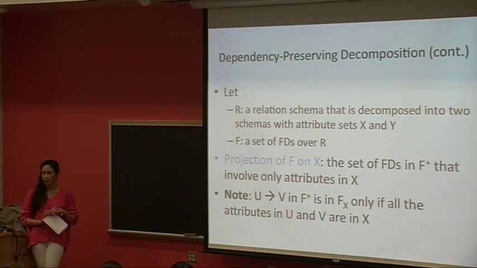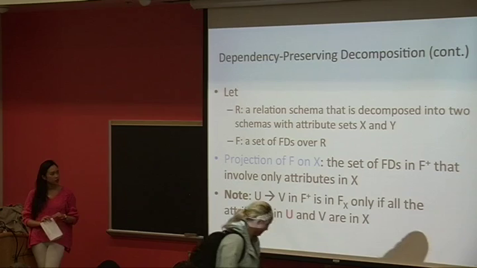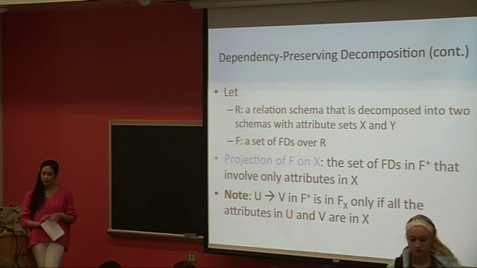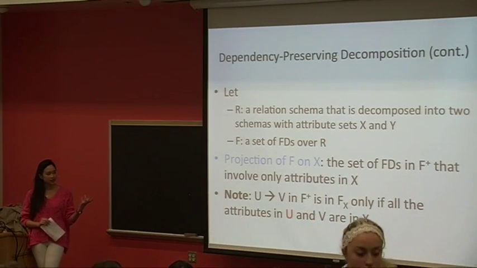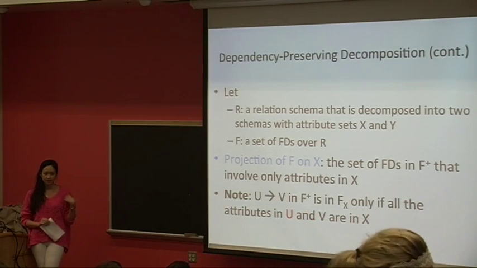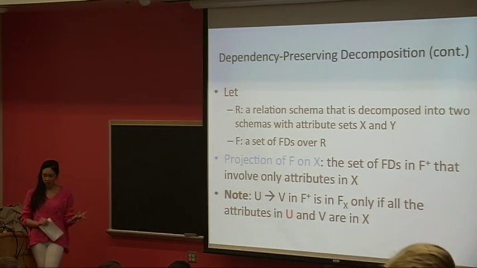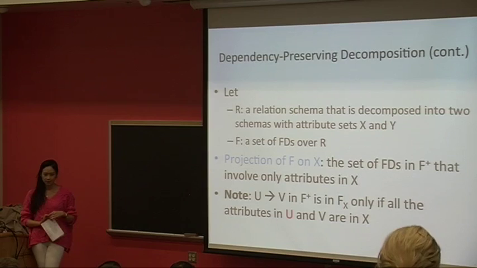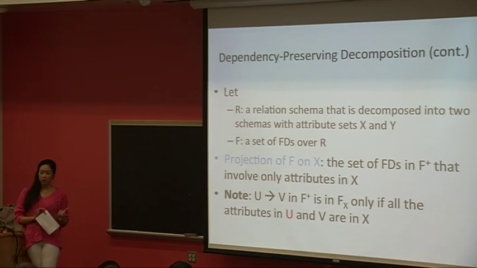Anyone remember the other one? When you don't want to lose any information during decomposition, you want to recover it back, and it's still correct. That one is the lossless join decomposition, if you can recall.